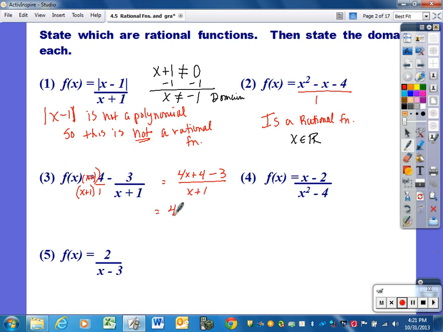That is 4x plus 1 over x plus 1. Are 4x plus 1 and x plus 1 polynomials? Yes, they are. So this is a rational function. My domain, again my denominator, x plus 1 cannot be 0. So subtract 1. x cannot be negative 1.